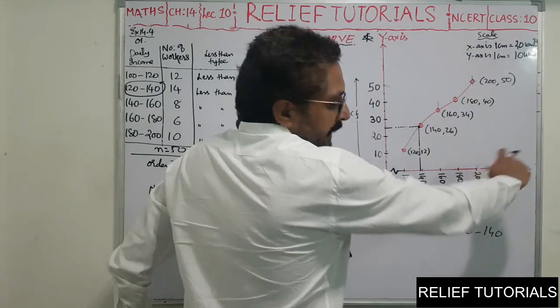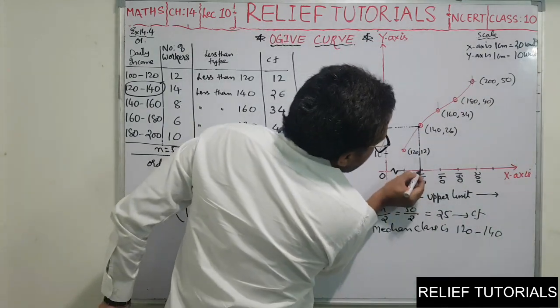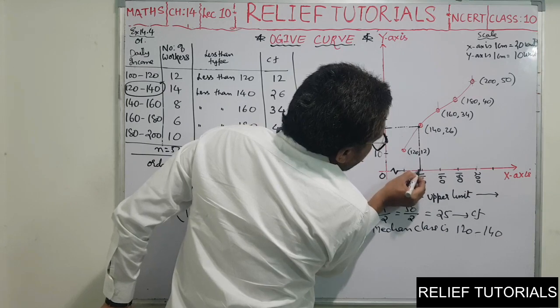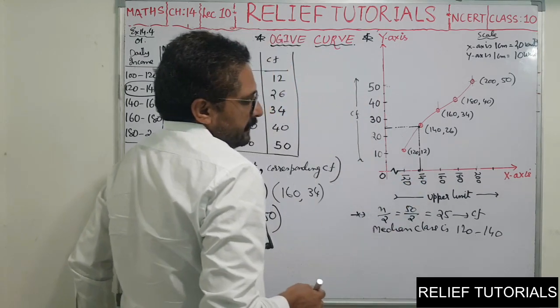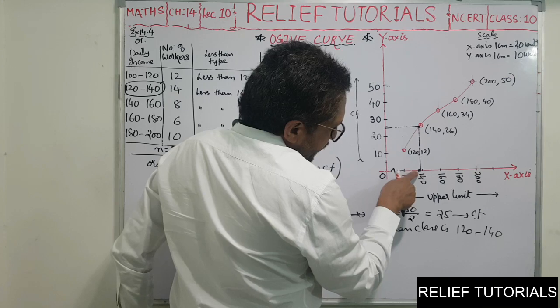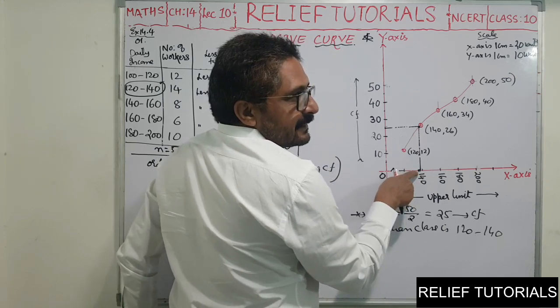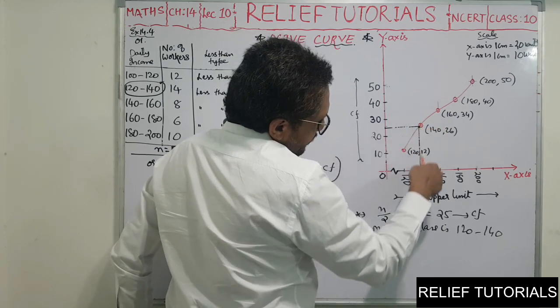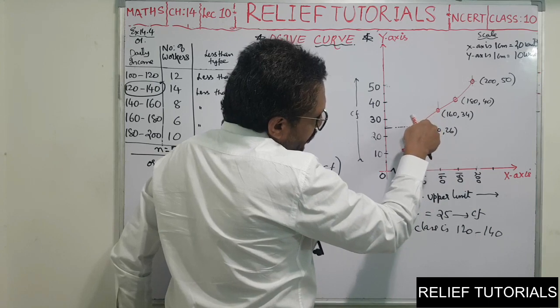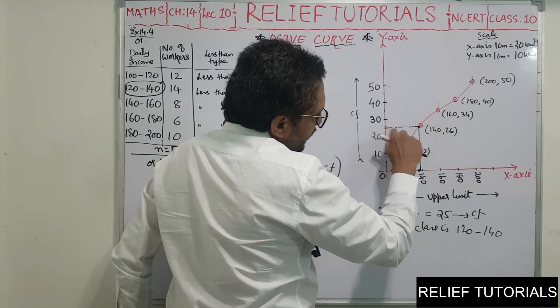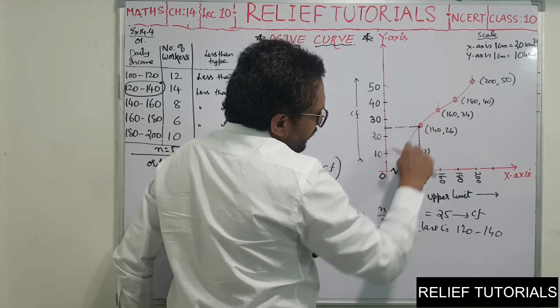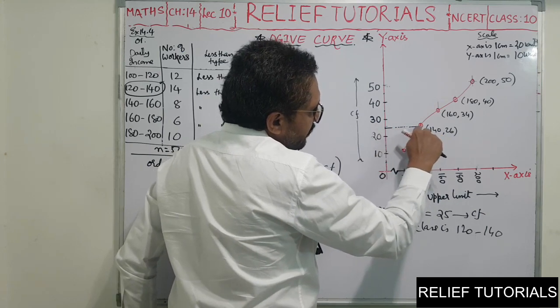Perpendicular line which will intersect x-axis here. So this is something like 138. You look here, this line which you have drawn from the point of intersection. You have drawn one line parallel to the x-axis which intersects the graph at this point.